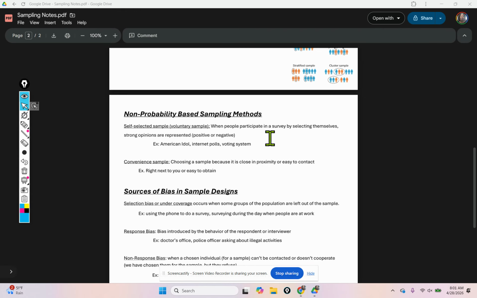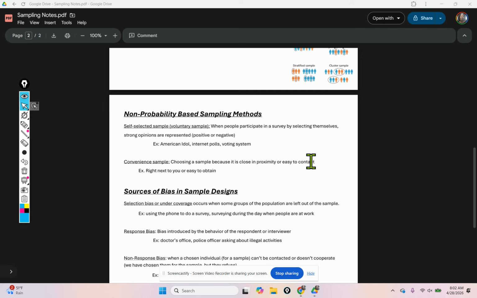Somebody's volunteering to do the survey or volunteering to be a part of your study. That's a voluntary sample. A convenient sample is if somebody is right next to me. So if I say, oh, I want to see how many people in the classroom like chocolate, and I choose the person that's standing right next to me or sitting right next to my desk, that'll be a convenient sample.